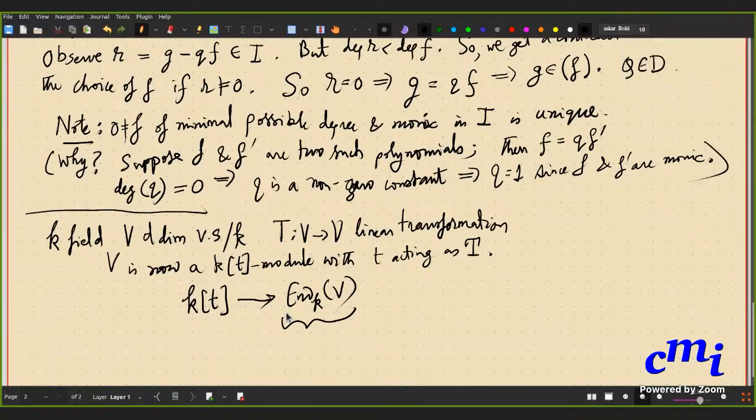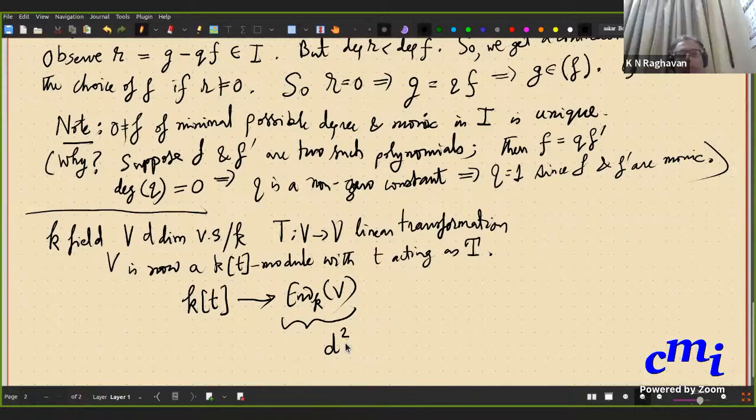D squared. And why so? That is dimension of V times dimension of V. Correct. That's correct. D squared is the right answer.